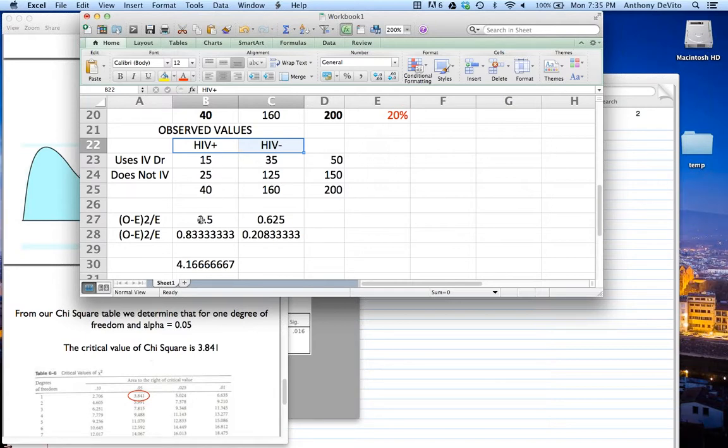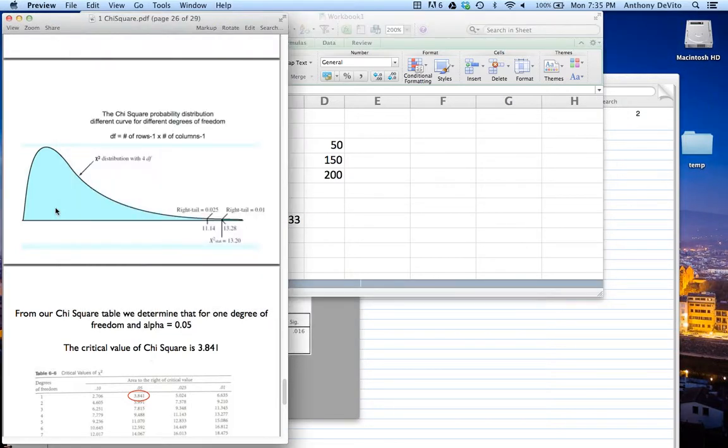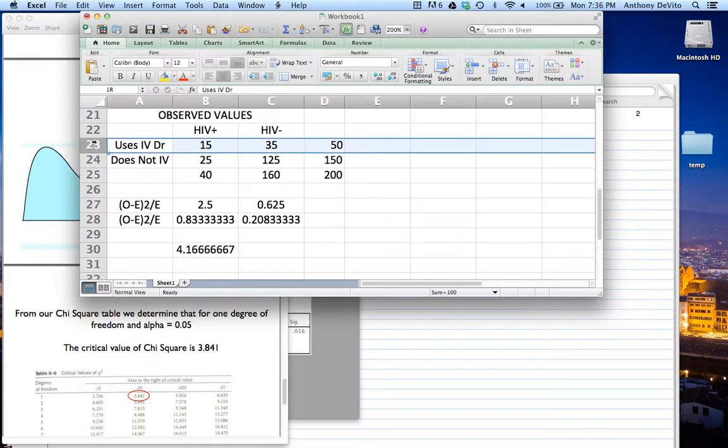That would mean we're adding up more of these boxes. So a larger number may not be more positive proof that there's an association if you have more cells. So somehow the size of this table has something to do with what number we should accept. In other words, this distribution is affected by the number of values we have for our two variables.